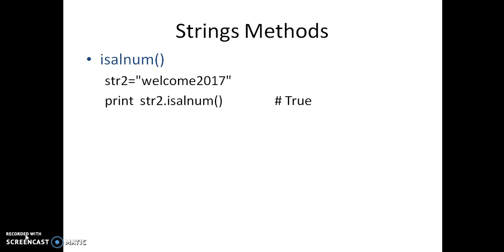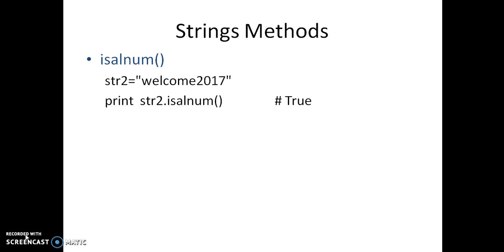Next, the continuation of the string methods. isalnum is to check whether the string is a combination of alphabets and numerics. If the string contains anything other than alphabets and numerics, it gives false. If it is a combination of alphabets and numerics, it gives true.